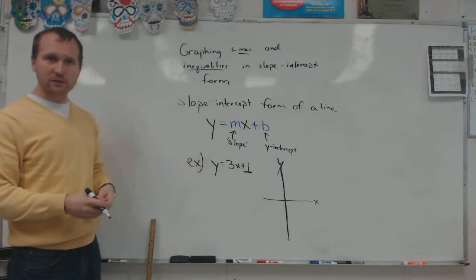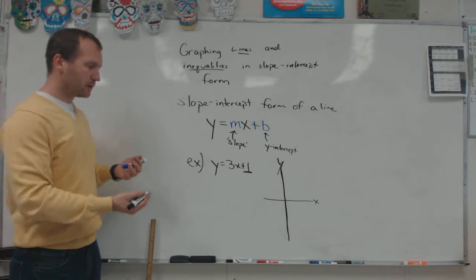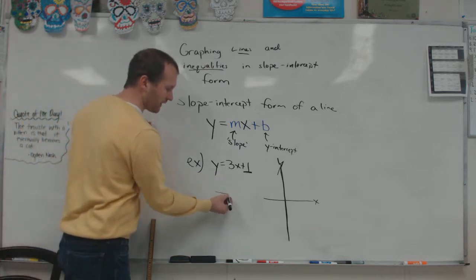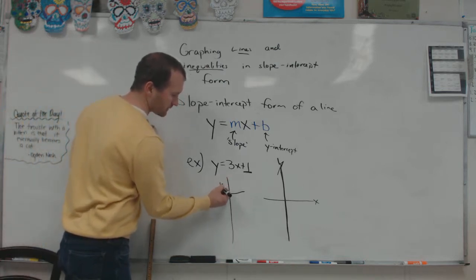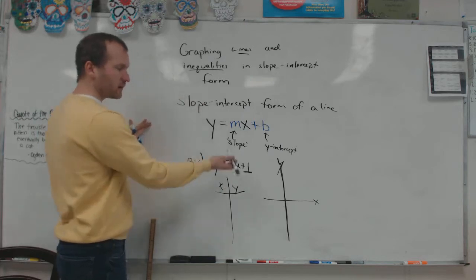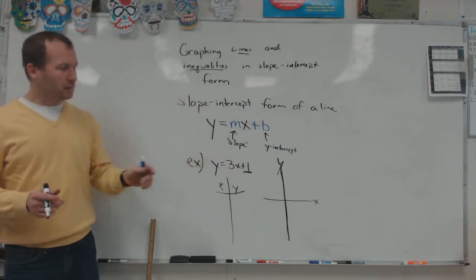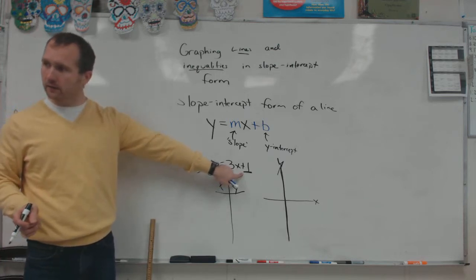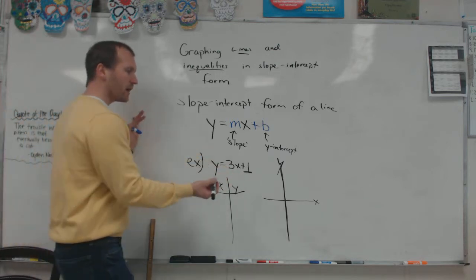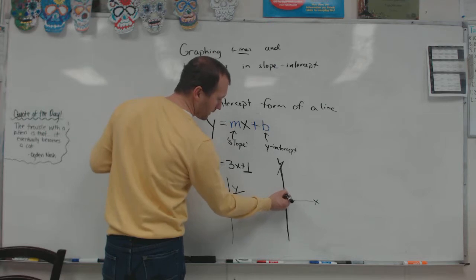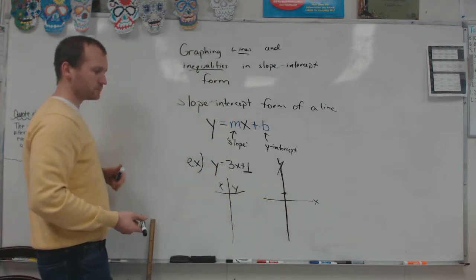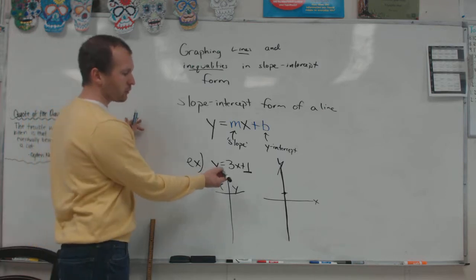And we could plug that into a t-chart if we wanted to. You could make a t-chart, a table of values, right, with x's and y's, and you could find a whole bunch of points. But we know a faster way to do this already. We look at that plus 1, and we just make a point right here at y is 1. And then we look at our slope.